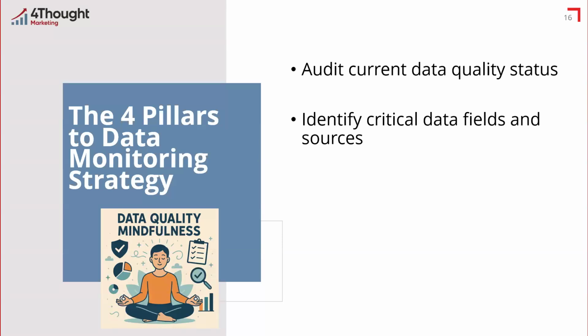Now, you need to identify the critical data fields and sources. By identifying these critical fields, you will focus your efforts on the most important data points that you care about. This doesn't mean that the other fields are going to be ignored. It's just that they will not be a priority when monitoring the data.